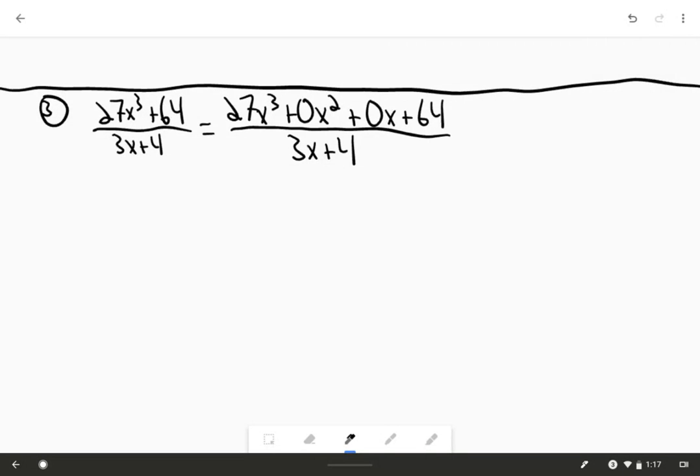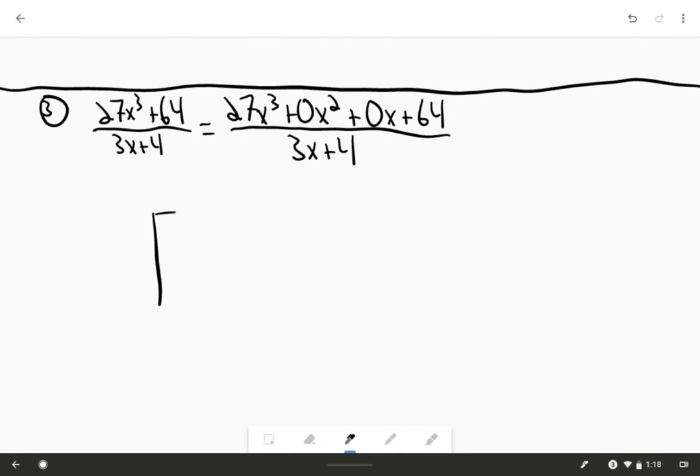I wrote it as 0x squared. Same thing here, plus 0x. So this is something that was not in the lesson notes that I would suggest writing in your notes. If you have missing exponents, you need to account for those missing exponents with a 0. So plus 0x squared plus 0x plus 64.